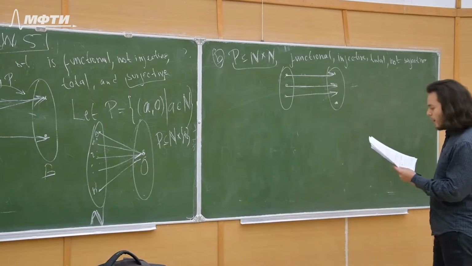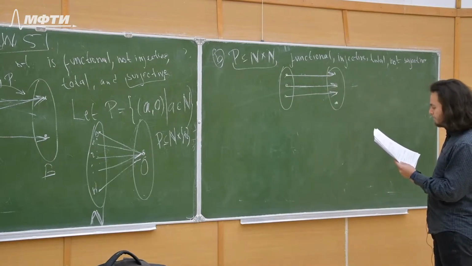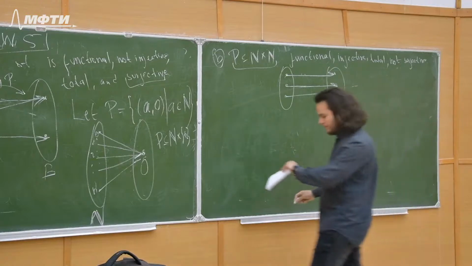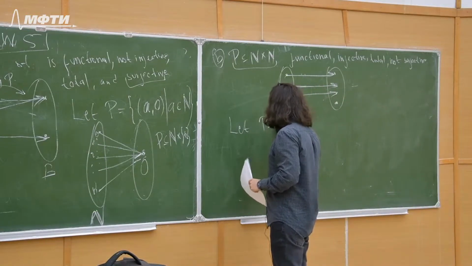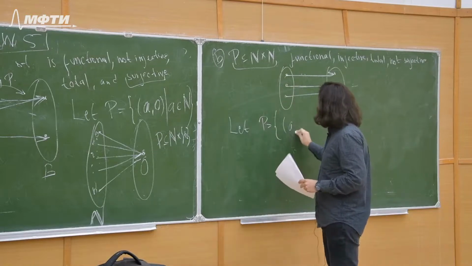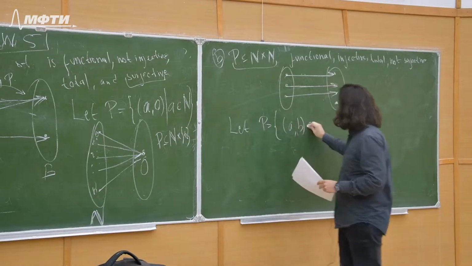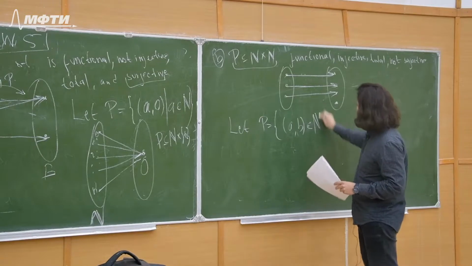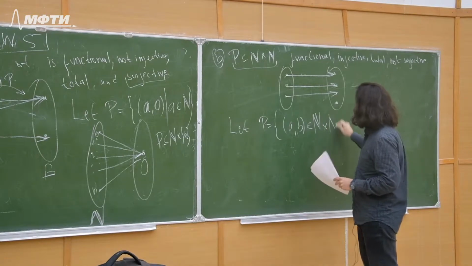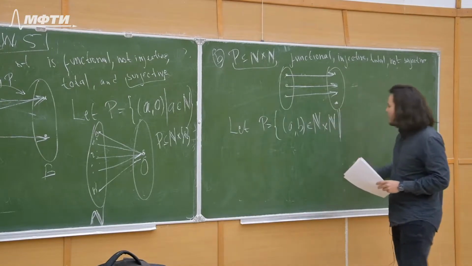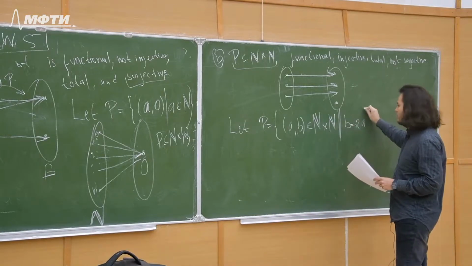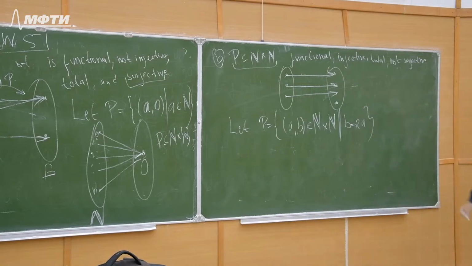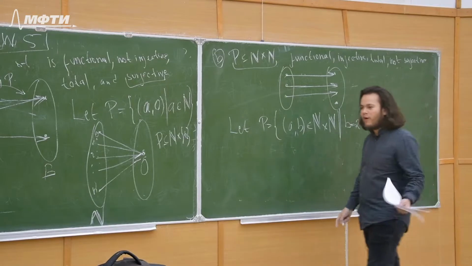Well, what about, so let P be the following. All the pairs A, B that belong to the Cartesian product of the natural numbers such that B is equal to 2A. We can take 2A or 3A or 4A or 5A, doesn't matter.